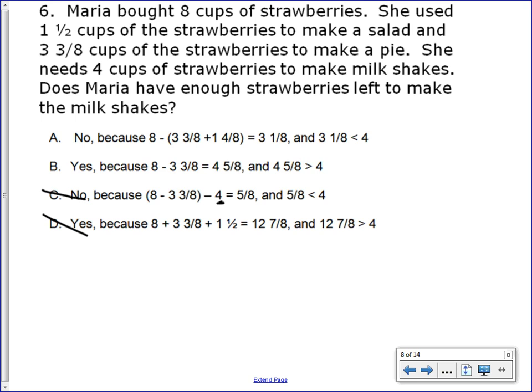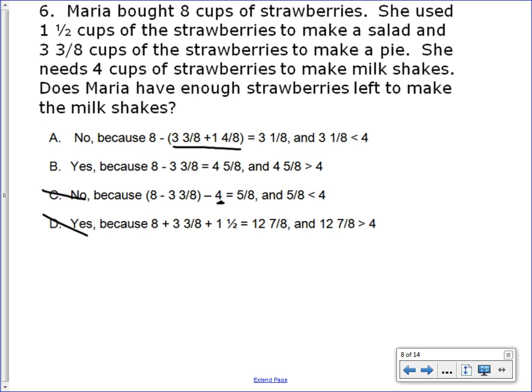If you look at 1 1/2 and 3 3/8, you would add those two together to see what she would have left, okay? So if you look at A, she has 8 minus the 3 3/8, and then what they did was change that 1/2 to 4/8 to have a common denominator.